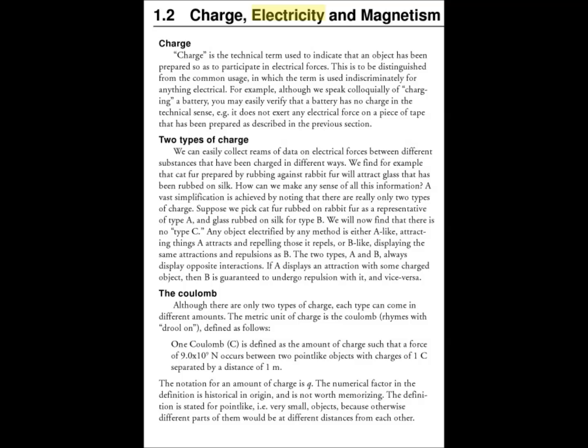The Coulomb. Although there are two types of charge, each type can come in different amounts. The metric unit of charge is the Coulomb, rhymes with "droulon," defined as follows. 1 Coulomb is defined as the amount of charge such that a force of 9 times 10^9 newtons, a little more technical, see the drawing, occurs between two point-like objects with charges of 1 C separated by a distance of 1 meter.